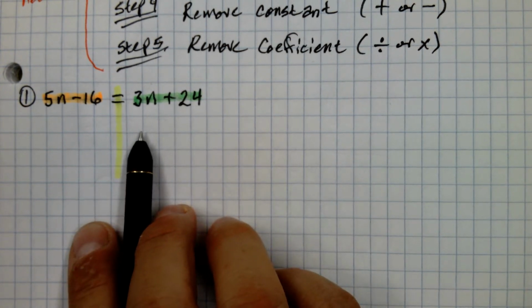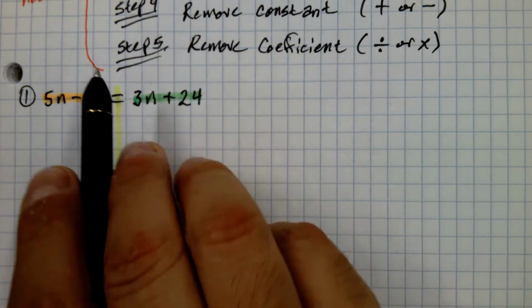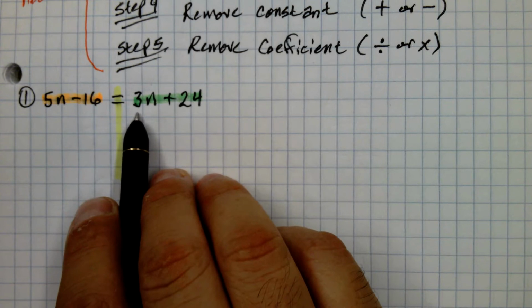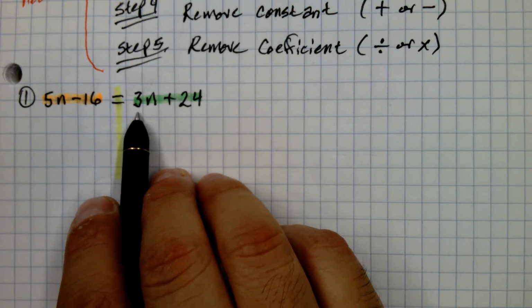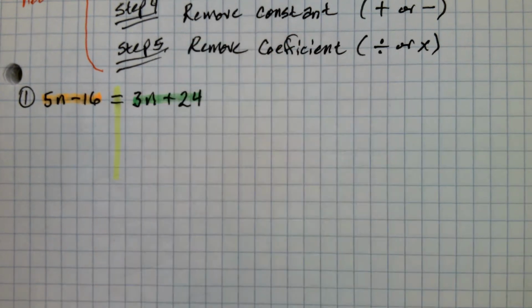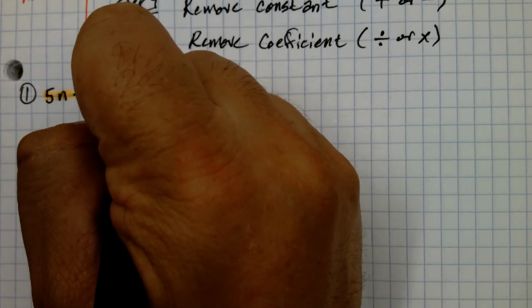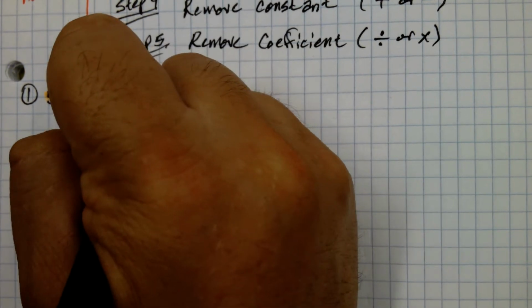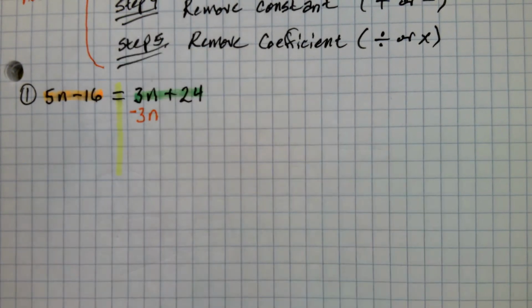To get rid of it, we're going to do the opposite. What's the opposite of 3n? Well, I guess what's the opposite, like opposite sign? It's positive here, so we want negative. Yeah, you were thinking getting rid of just the 3, and that would be to divide.